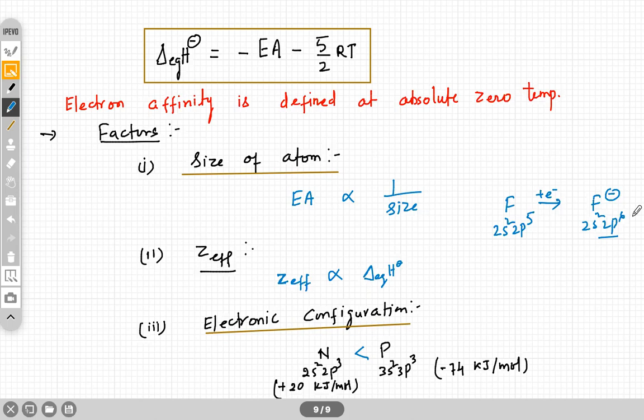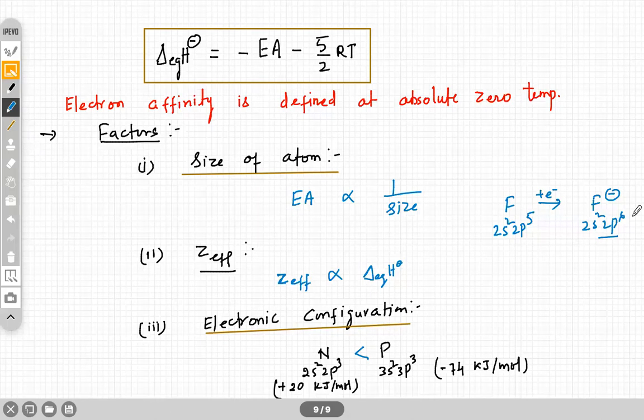Hence, they have a very high negative value of electron gain enthalpy.